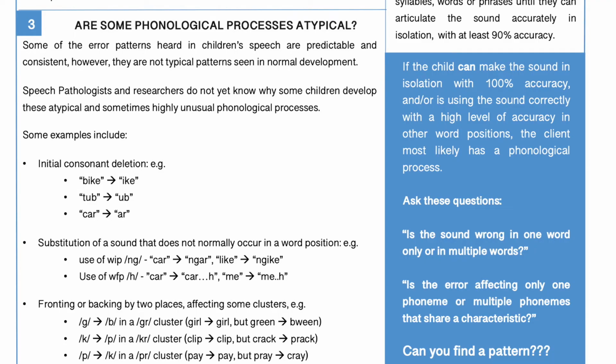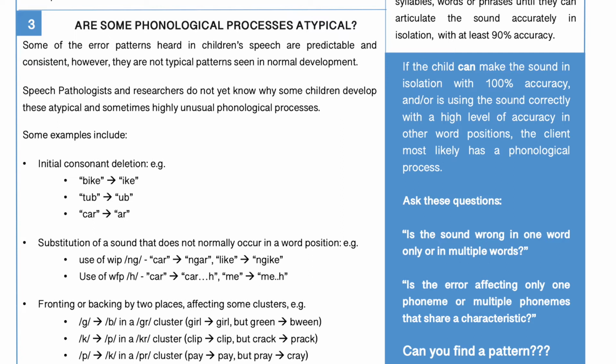So it's really typical to omit final sounds, especially if you're 2, but it's never typical to omit initial sounds. Once someone's speaking in words, like babies omit all sorts because they're just cooing and babbling. But a 4-year-old that's saying Ike, and we never go, oh, he'll grow out of that. It's not developmental. That's an atypical process.